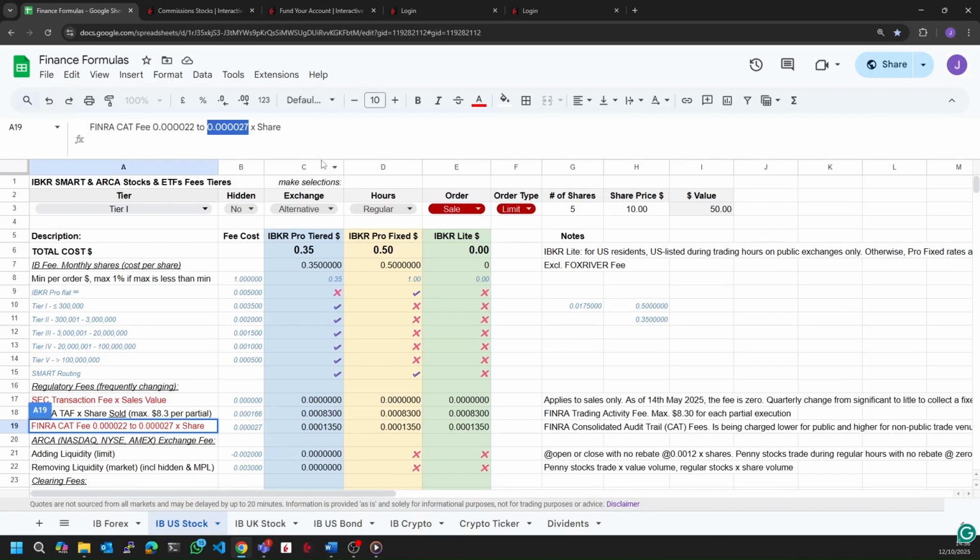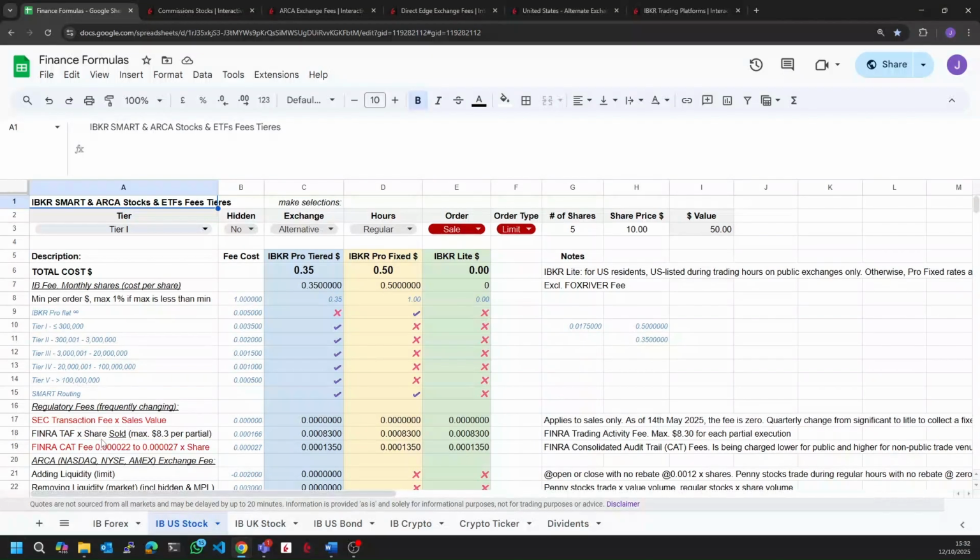So basically, I suppose most of the time you will be paying this fee. So approximately 50% of the trades are completed on non-public exchanges, and on public only 45% of trades. The FINRA fee is very little, but it's changing sometimes, so therefore it's red.